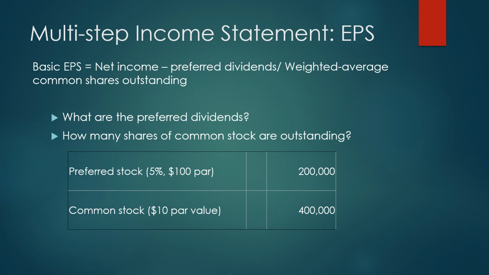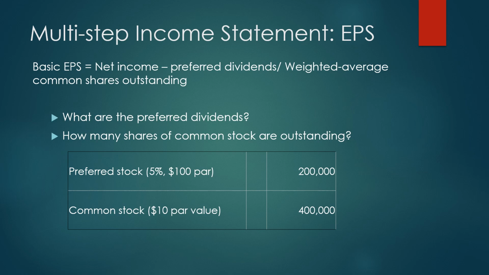The preferred stock is 5% $100 par preferred stock, which means that the preferred shareholders are entitled to a dividend that's equal to 5% of $100 each year. So we're going to take net income, and essentially what we want is net income available to the common shareholders. So you're going to subtract out those preferred dividends and divide by the weighted average common shares outstanding. To get weighted average common shares outstanding, we're going to take the common stock balance of 400,000.